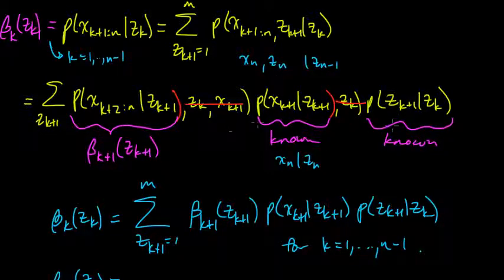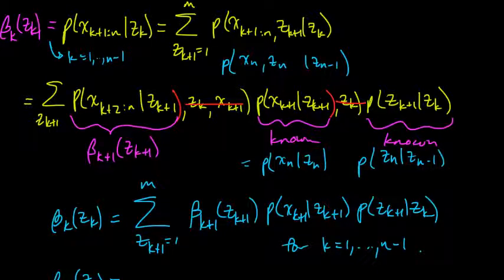All of this still sort of applies. The only part which was weird was the k plus 2. This becomes zn given zn minus 1. Okay, so we get the transition probability here again, and the emission probability here again. And so we can factor this as the product of these: the probability of xn given zn times the probability of zn given zn minus 1, because there's a conditional independence here.